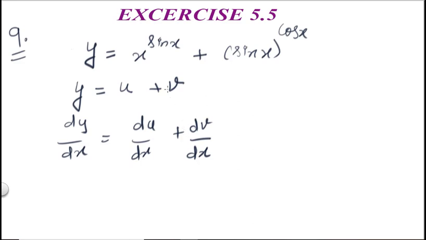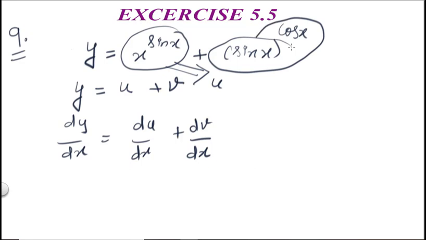The same way this question is going to be done. You will consider this as u, correct, and this as v. The complete function is v. Clear? Separately differentiate them. Find du by dx and dv by dx as we have done in the previous question. So I don't think there is much discussion needed in this. You can do it on your own.